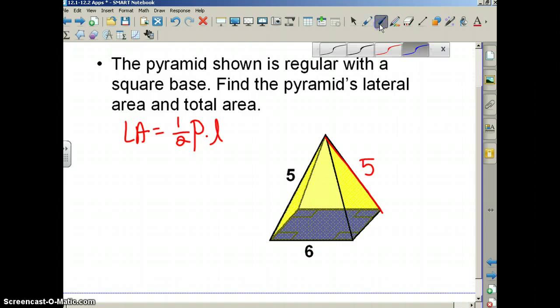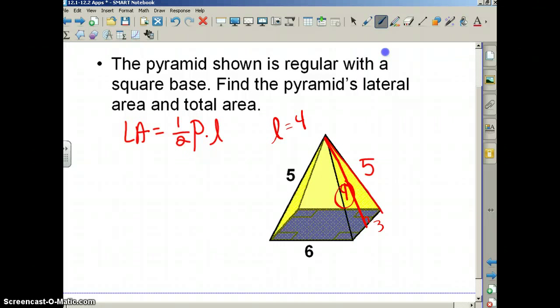So let's go ahead and draw in a slant height. And we know that the slant height is perpendicular, and it also bisects the base side in half. So we know that's a 3. So we have a triple going on here. So we have a 3, 4, 5. So the slant height is 4.